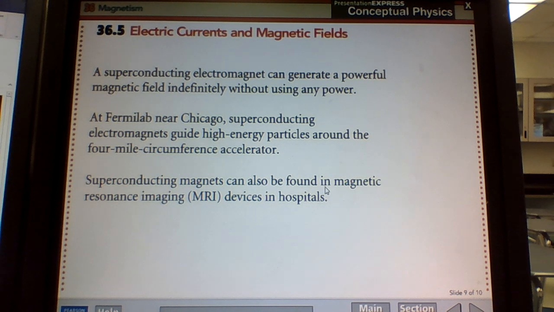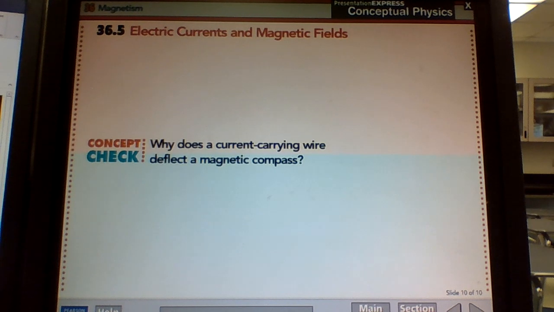We also see superconducting magnets in MRI machines, these magnetic resonance imaging machines that are used in hospitals. If you have a problem with your knee or something like that, you may have to have one of these MRIs. So last slide for this set of notes.